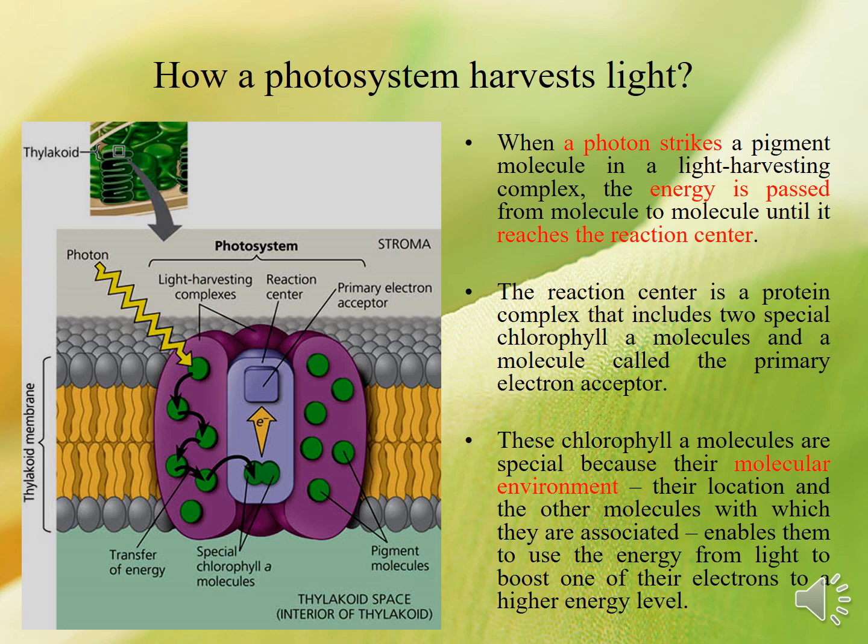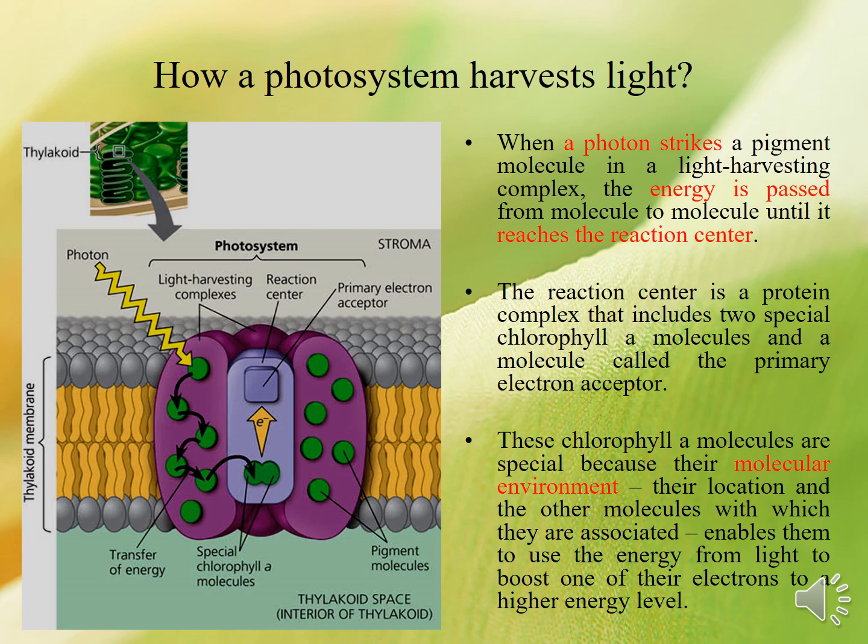When chlorophyll a receives the energy from the accessory pigments, the electron from the chlorophyll a is excited and passed to the primary electron acceptor. This primary pigment, chlorophyll a, has its uniqueness, which is because of its molecular environment.